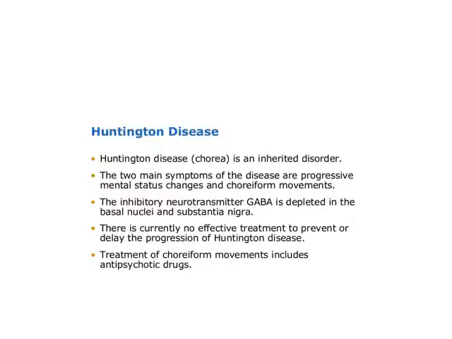There is no effective treatment to prevent or delay progression of Huntington's disease. And there is an important point: when Huntington's disease goes into generations from father to son to grandson, there is anticipation of the gene, and Huntington's disease occurs at an earlier age in each generation.